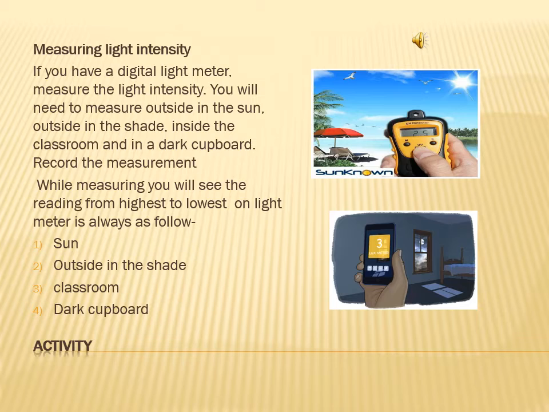While measuring the intensity of light, we will see the highest reading comes in a place which is under the sun, and the lowest comes in the dark cupboard where there is very little light, or we can say no light.